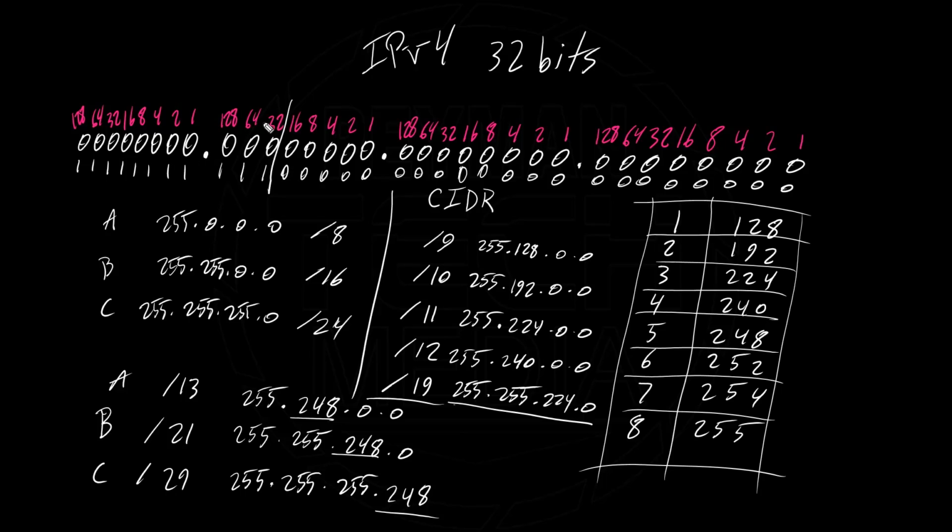And here only these 3 we need to add. So 128 plus 64 plus 32, because only these 3 are turned on. The 0, it's off, we don't need to add these numbers. So it gives us 224 on the second octet, and the rest of them are 0 here, as we can see for the /11.